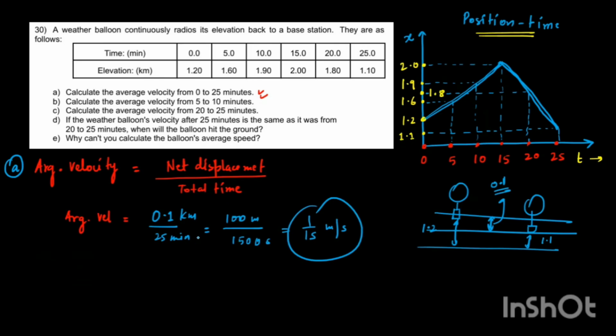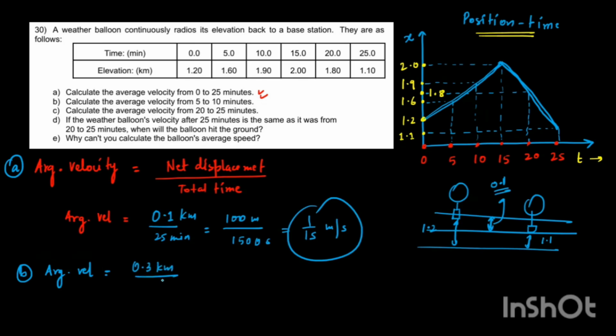Did you get how we are supposed to find the average velocity during that interval? Just try to calculate the displacement and you will be able to find the average velocity. In the second case, the average velocity is from 5 to 10. What is the displacement between the 5th and 10th point? 5 is 1.6, 10 is 1.9, so that's 0.3.